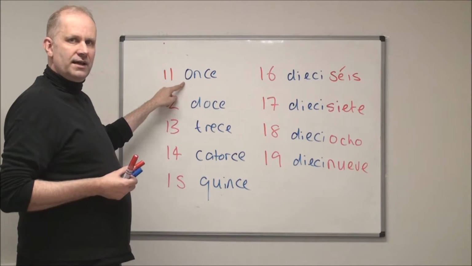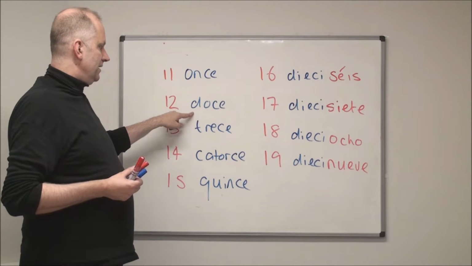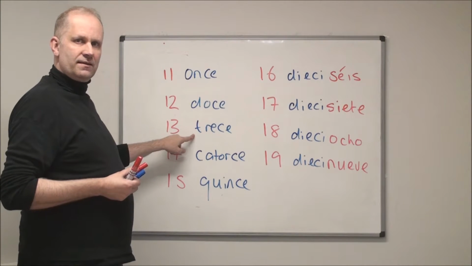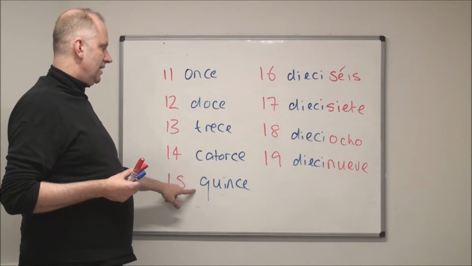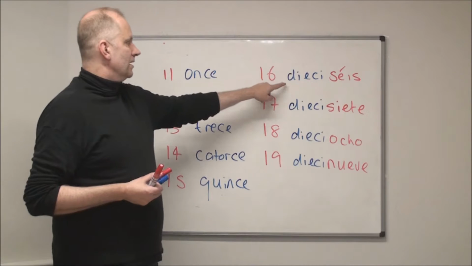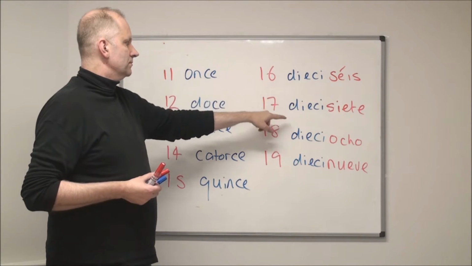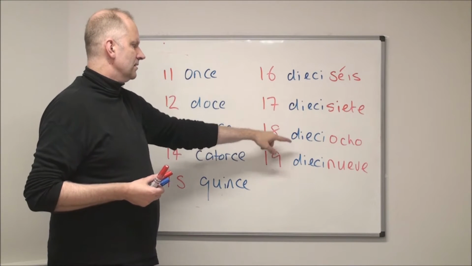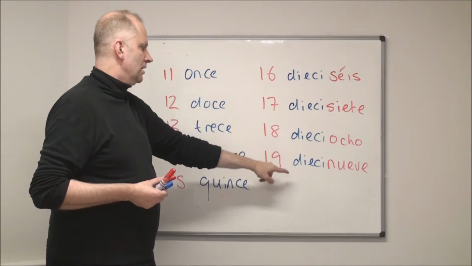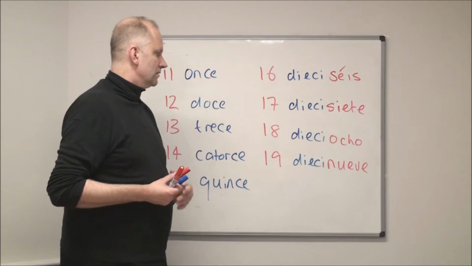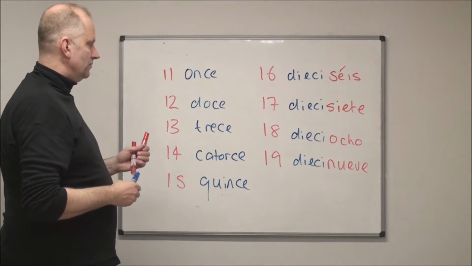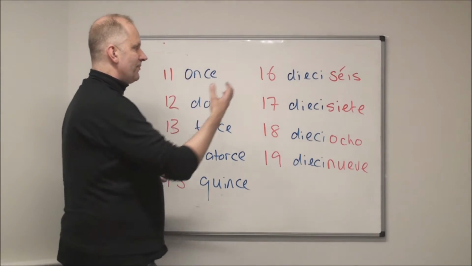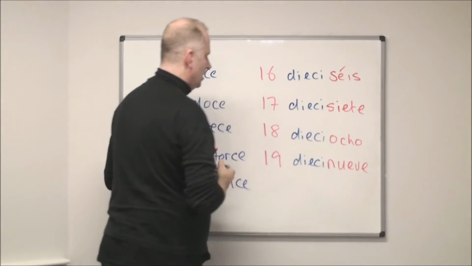So 11, 12, 13, 14, 15, 16, 17, 18, 19. You can see that from 16 to 19, what you're basically doing is saying 10 and 6, 10 and 7.